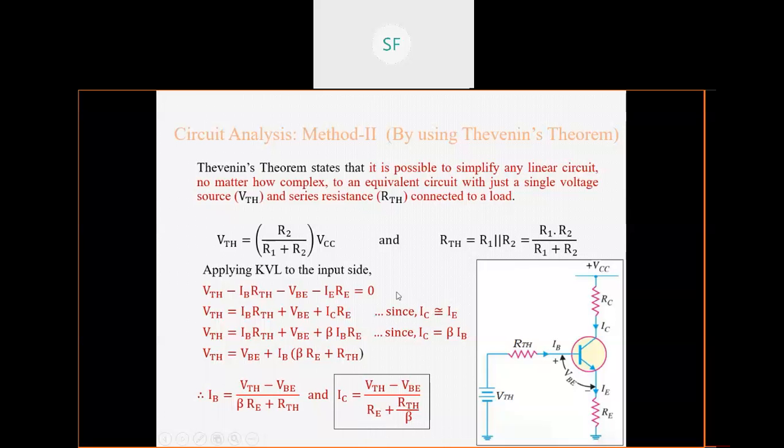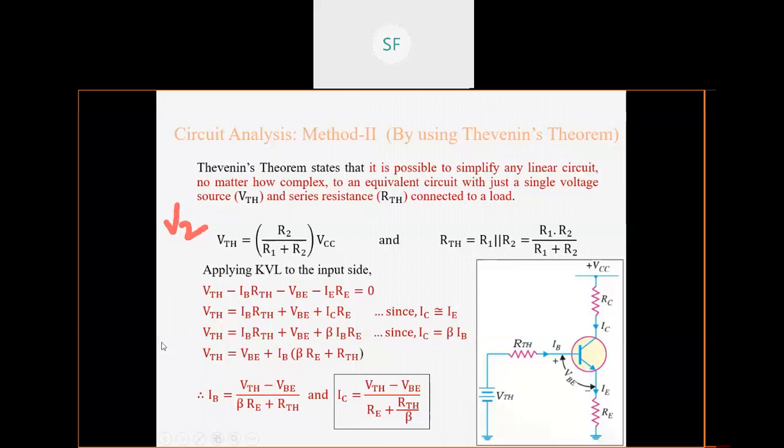Okay, so now first we find out the value of VTH and RTH. So this is the formula for VTH and RTH. I have already told you VTH is nothing but, in earlier case we found V2, जो V2 था ना earlier case में, that is nothing but your VTH. Same formula is there, R2 divided by R1 plus R2 multiplied by VCC, है ना, earlier case में same formula था.